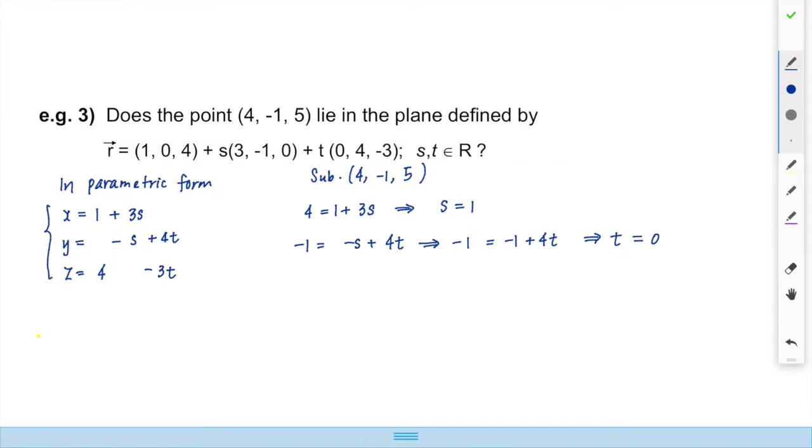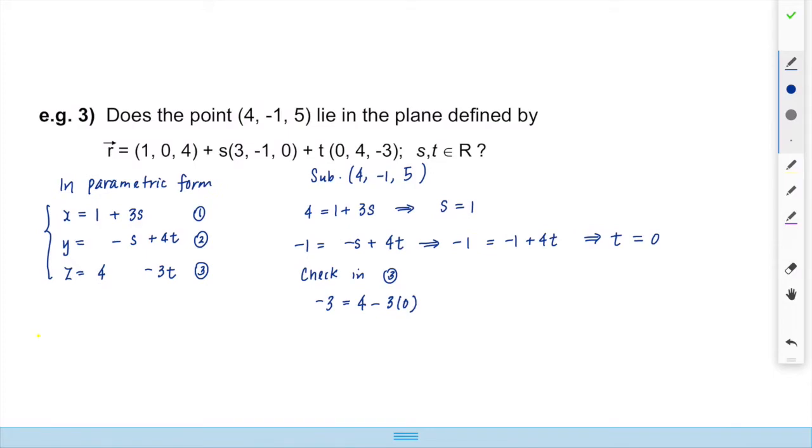Okay, so now what about checking z? We have 5 on the left and 4 minus 3t on the right, which is 4 when t is 0.